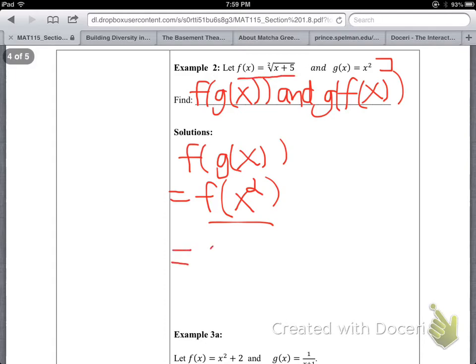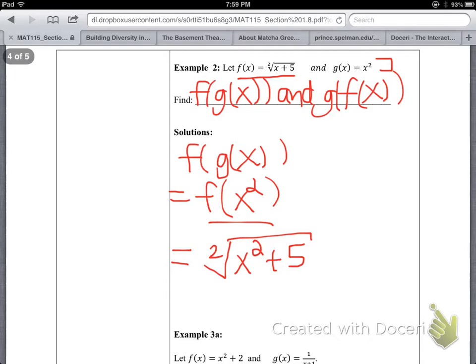So this is going to equal the square root of x squared plus 5. And you can't simplify that any further. You can't take anything out or split anything apart, so that's your final answer.